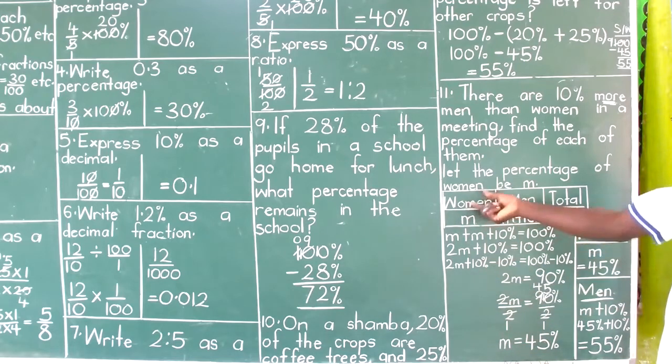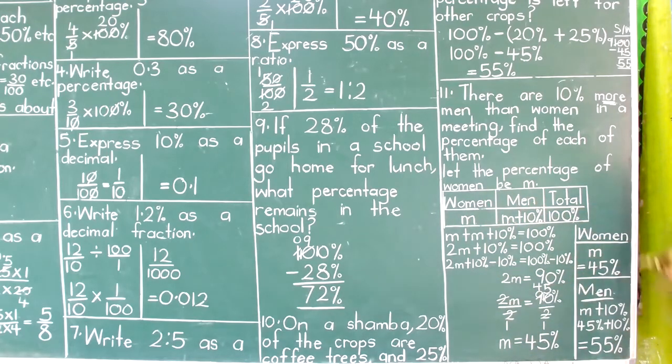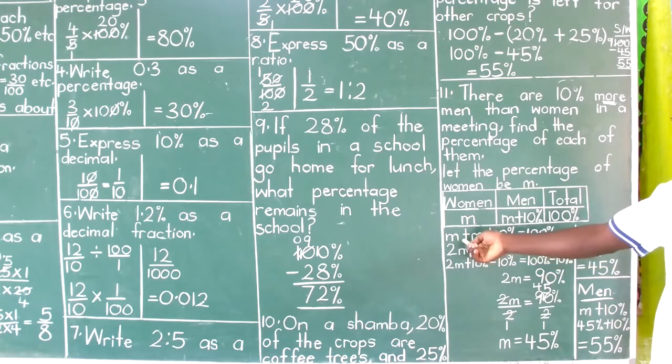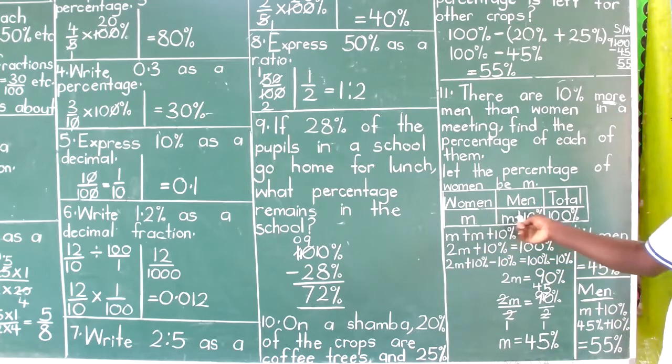Remember, when women and men are together in the same meeting, they make the total percentage, which is 100%. So adding the women's percentage and the men's percentage to 100% forms an algebraic equation: M plus M plus 10% equals 100%.